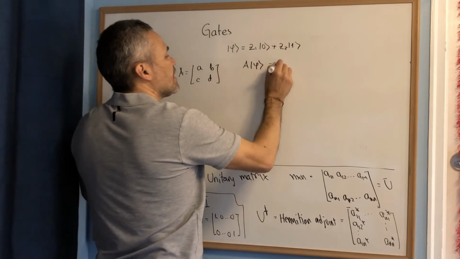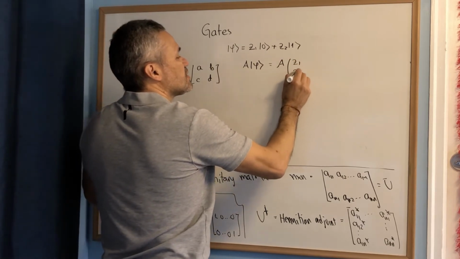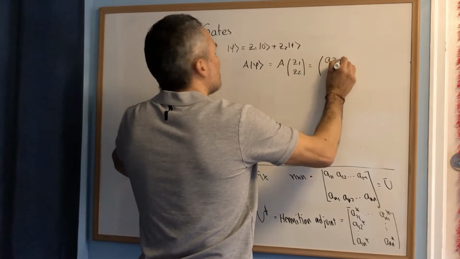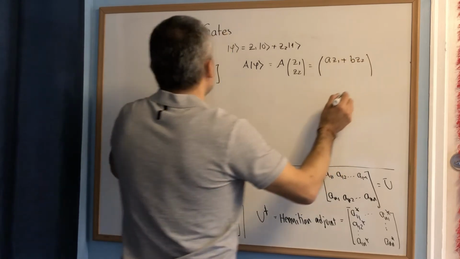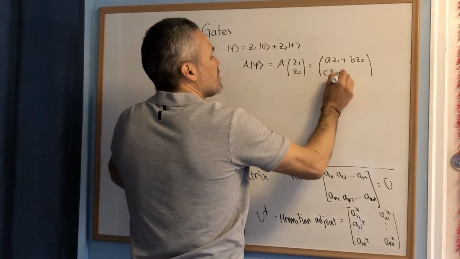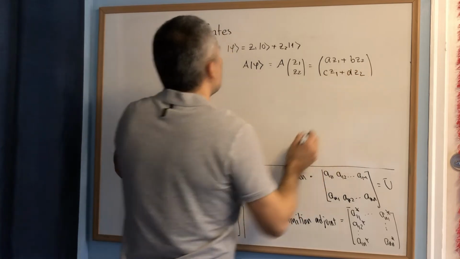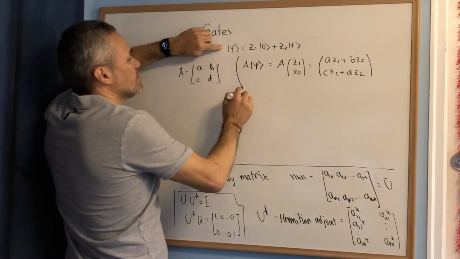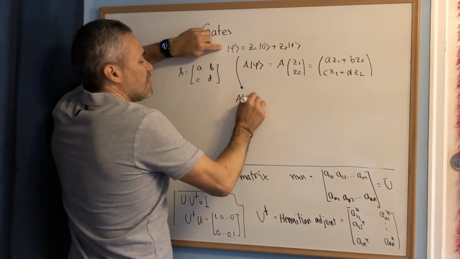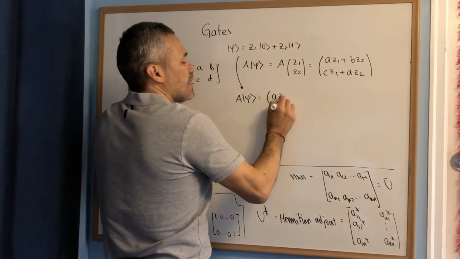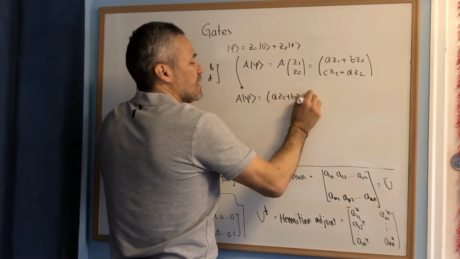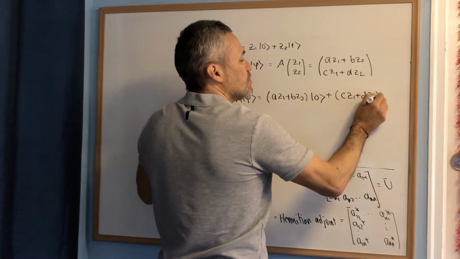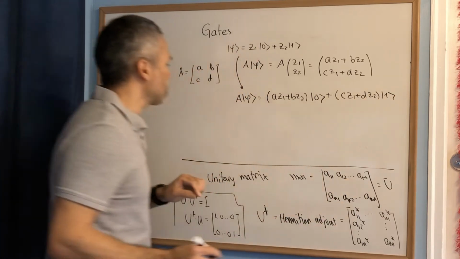Then we get A, B, C, D times C1, C2, and then we get AC1 plus BC2, and here we get CC1 plus DC2, and then this gate, which is a unitary matrix, will change this ket into this ket: AC1 plus BC2 state 0 plus CC1 plus DC2 state 1.